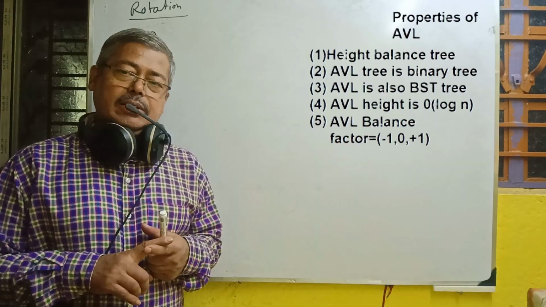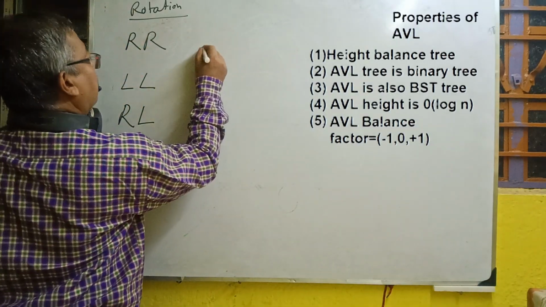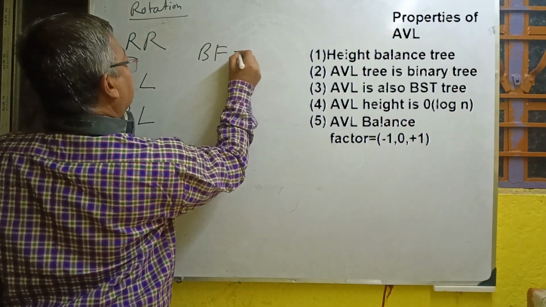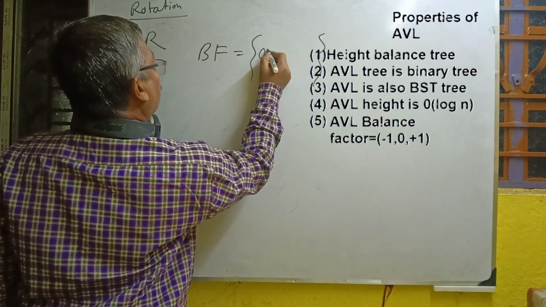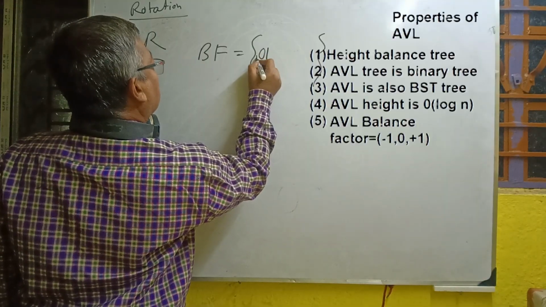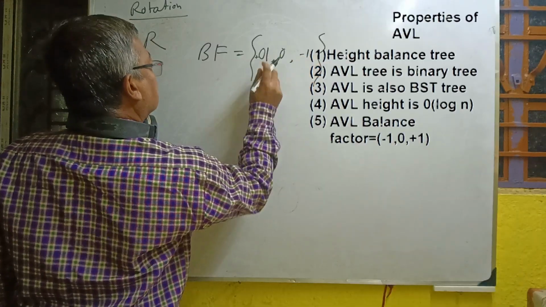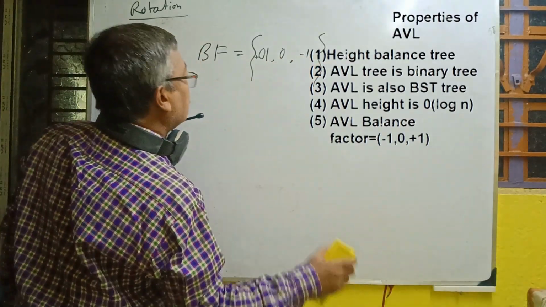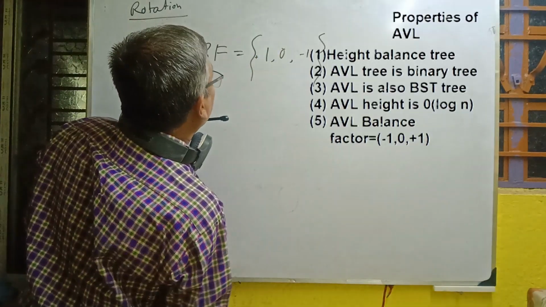has a balance factor, and this balance factor has a limitation: its value must be within 1, 0, or minus 1. This is the limitation of the balance factor.